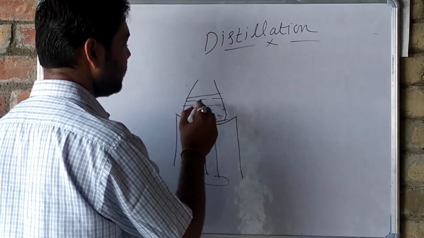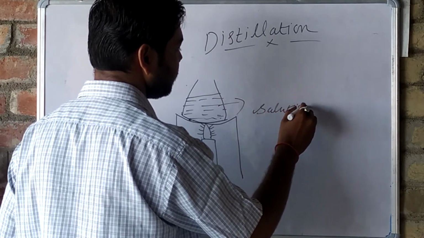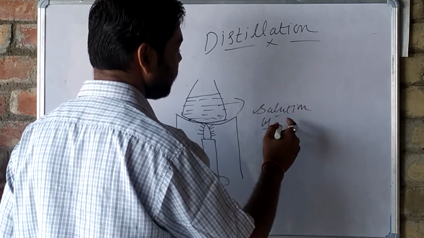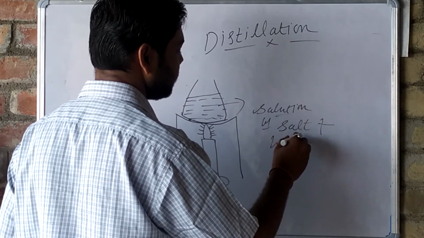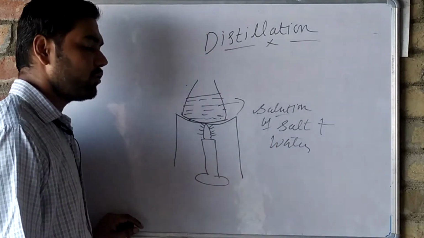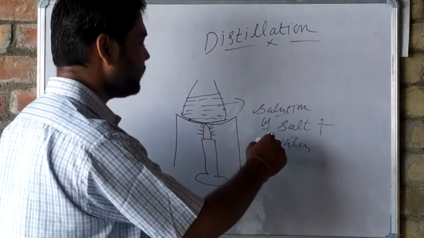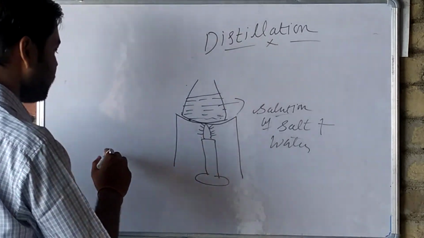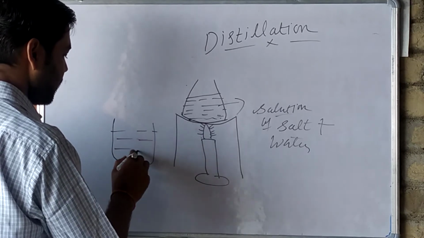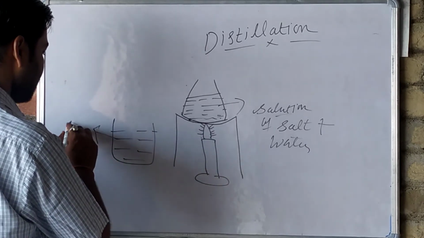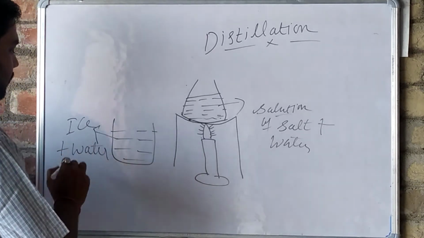This is a beaker containing a solution of salt and water. It can be sugar and water also. Then we will have one more beaker containing ice plus water.